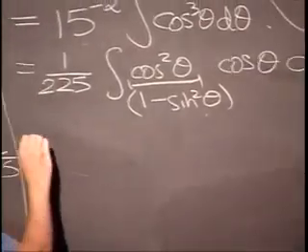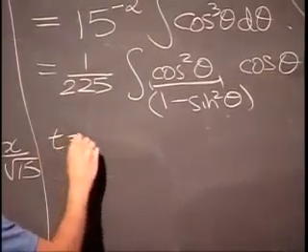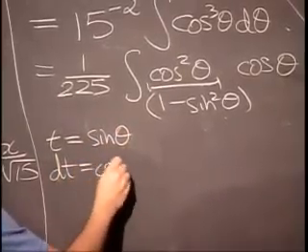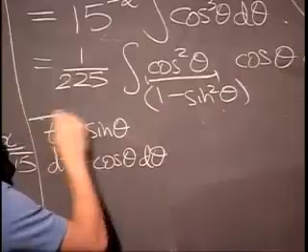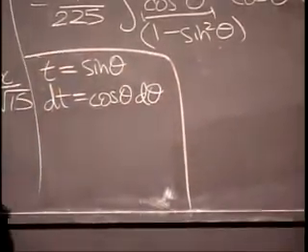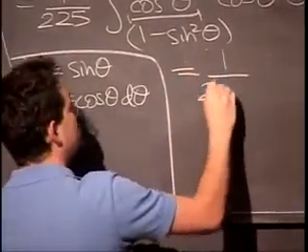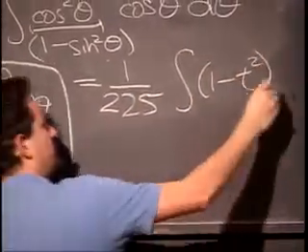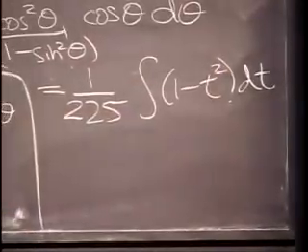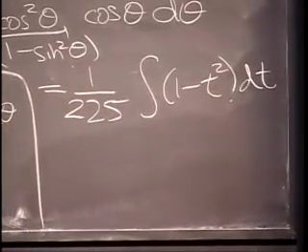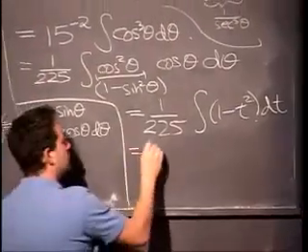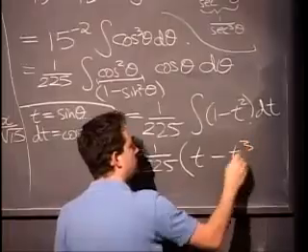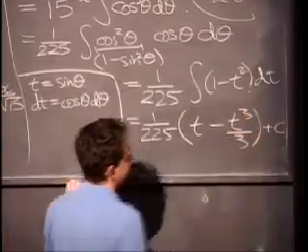And substitute a further regular substitution, t equals sine theta. So dt is cosine theta d theta. And the integral becomes 1 over 225 integral 1 minus t squared dt. So this is 1 over 225 (t minus t cubed over 3) plus a constant.